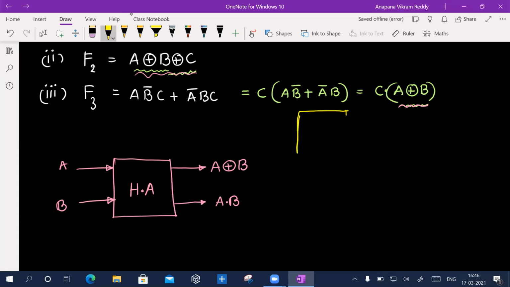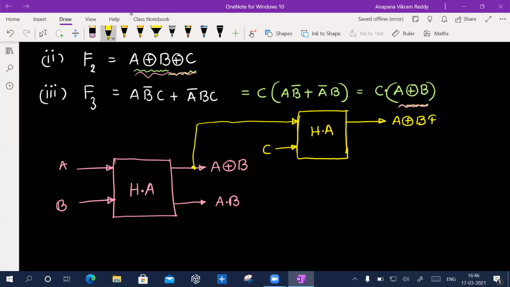However you want to arrange, you arrange. It must be under your control. I'll take this output as input here, and I will introduce one more input here, that is C. Now what's the output here? A exclusive or B exclusive or C.